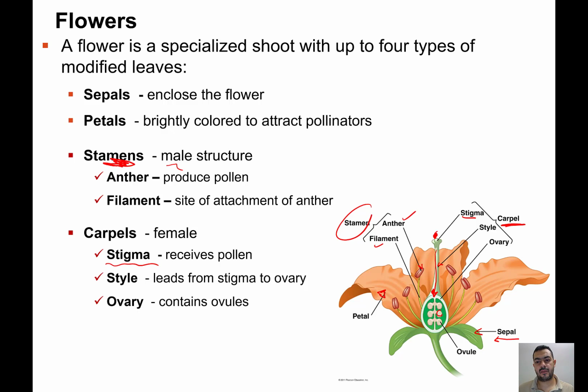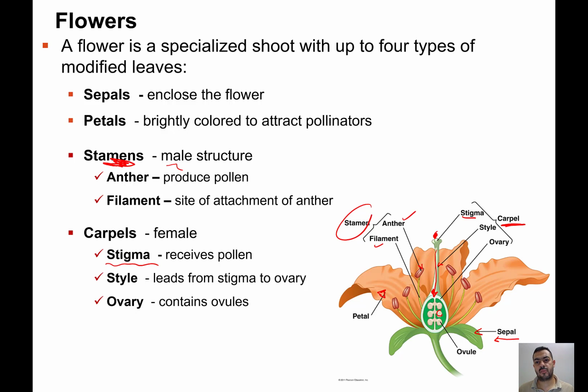For example, the stamen will produce the pollen at a different time than the time at which the stigma and ovary are ready to receive the pollen. So even if the stamen produces the pollen and it lands on the stigma in the same flower, nothing is going to happen because the stigma and the ovary are not ready to receive the pollen. Having them ready to produce or to receive the pollen at different times is one way to encourage cross-fertilization.